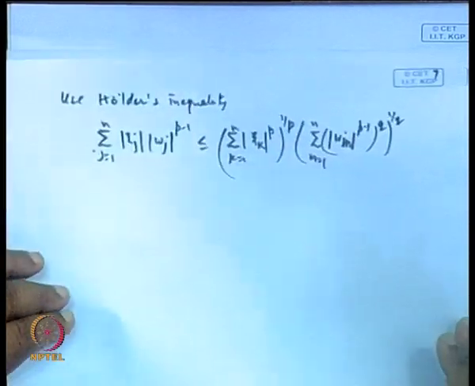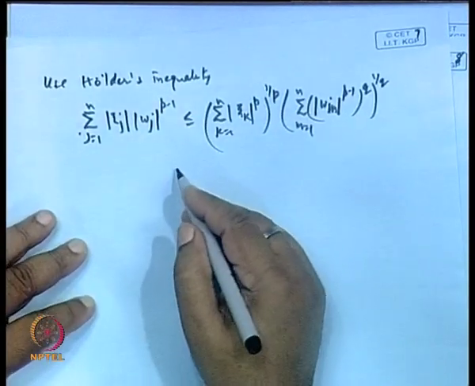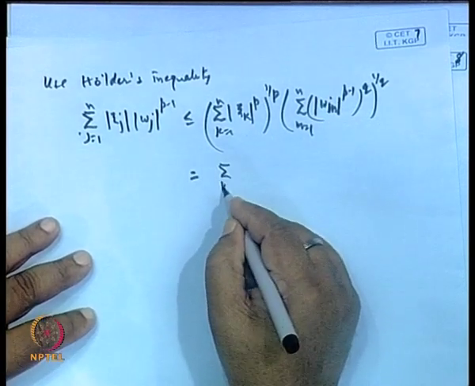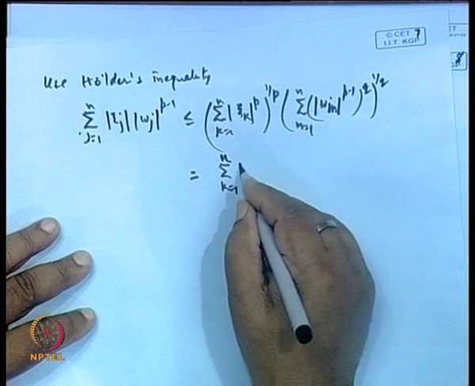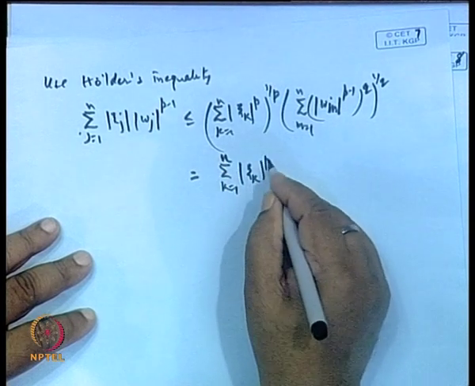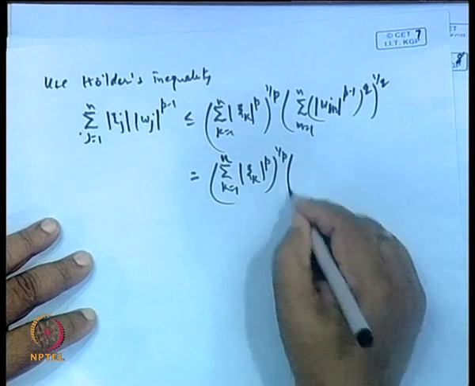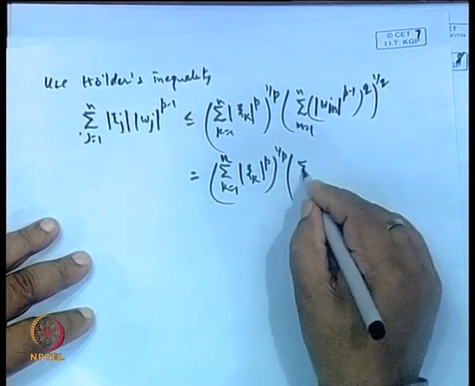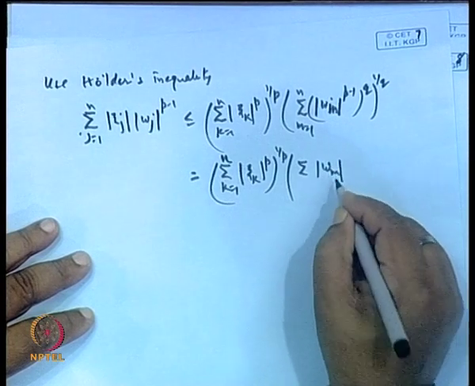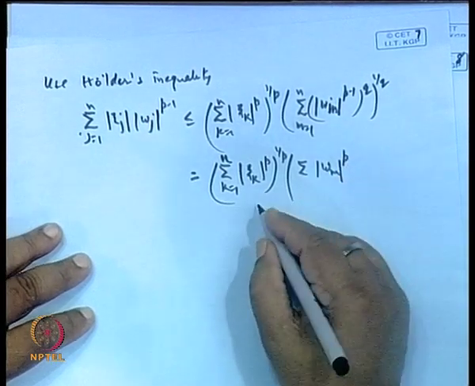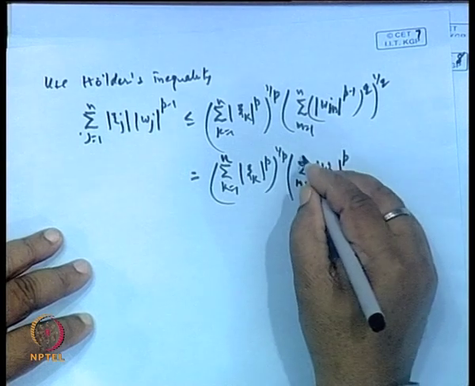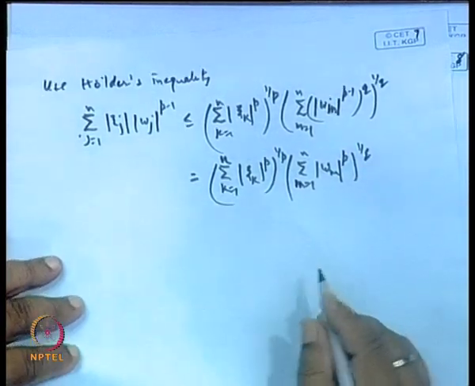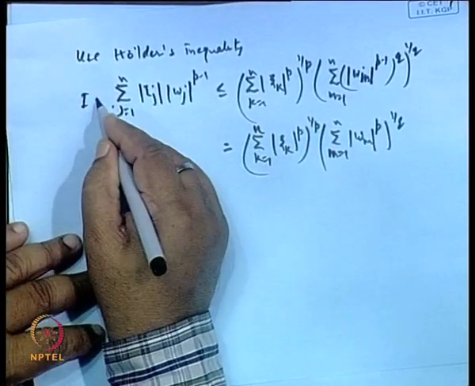And this will be equal to the sum over k equal to 1 to n of mod xi_k power p power 1 by p, and we have seen that p minus 1 into q is p. So, this is the sum of mod w_m power p, m is 1 to n, power 1 by q. So, this is the first part.